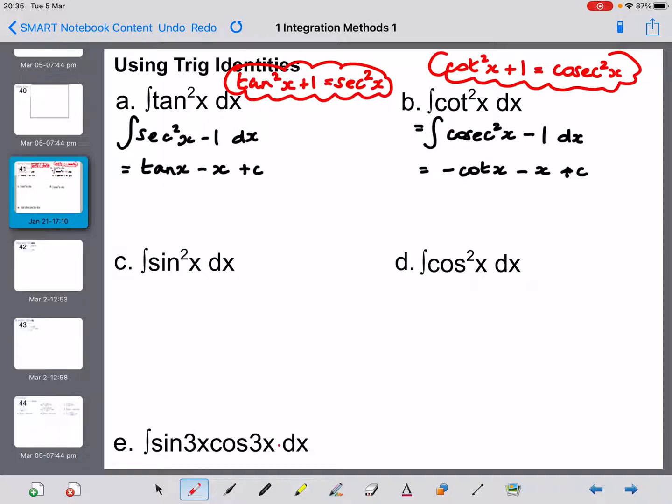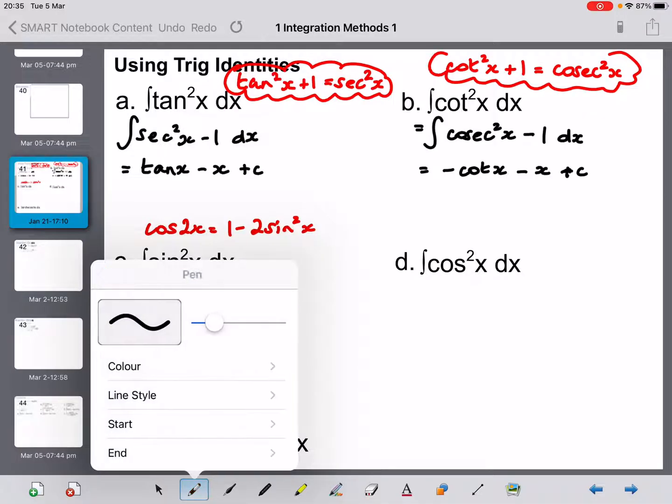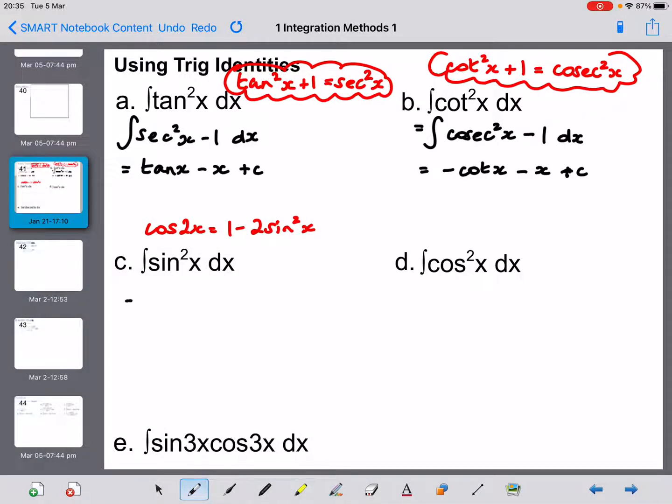Well, we know that cos 2x is 1 minus 2 sine squared x. If we rearrange that, imagine adding 2 sine squared to the left and moving the other term to the right, we get sine squared x equals 1 minus cos 2x, all divided by 2.